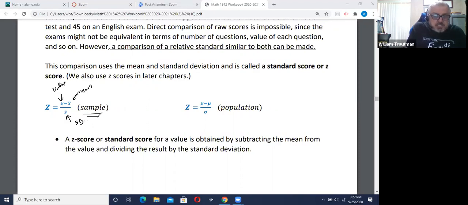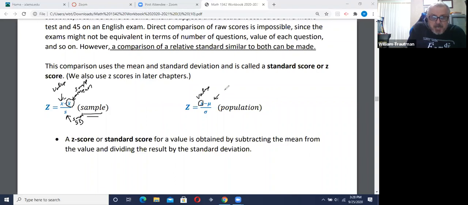And these are all the symbols for population: population mean, population standard deviation. For sample: sample mean, sample standard deviation. Over here, we still have the value, x is the value.